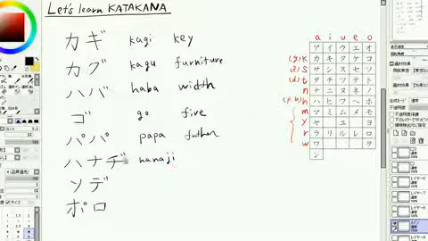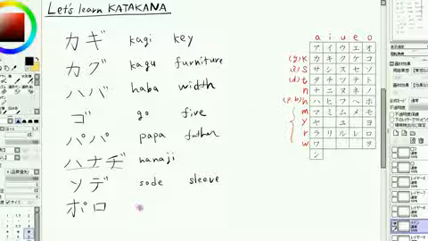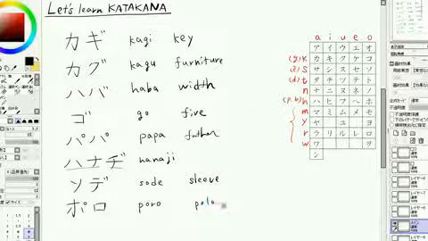Hana means nose, and ji means blood, so it's nose blood. Sode, sode. This means sleeve. This one has the half voiced marker, so P sound. Poro, poro. Actually, it means polo.